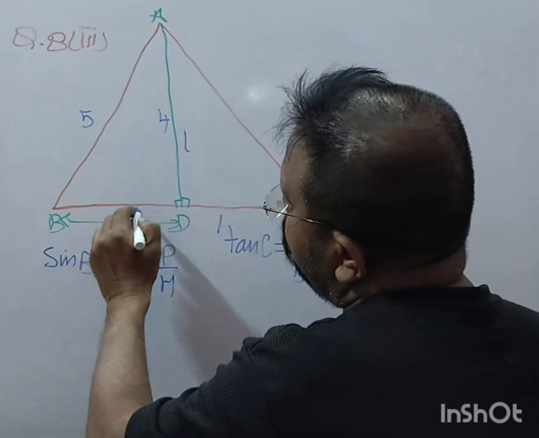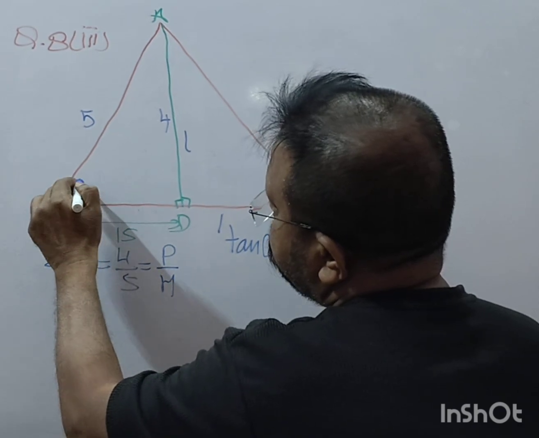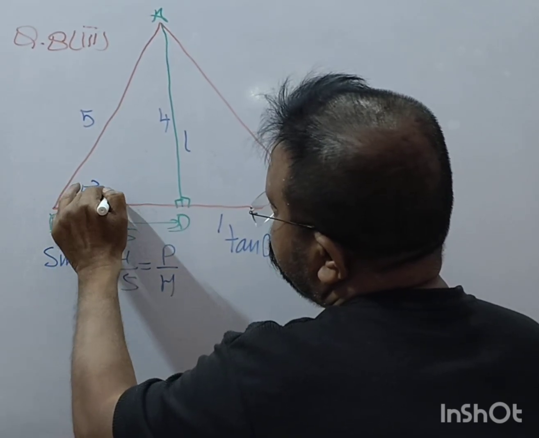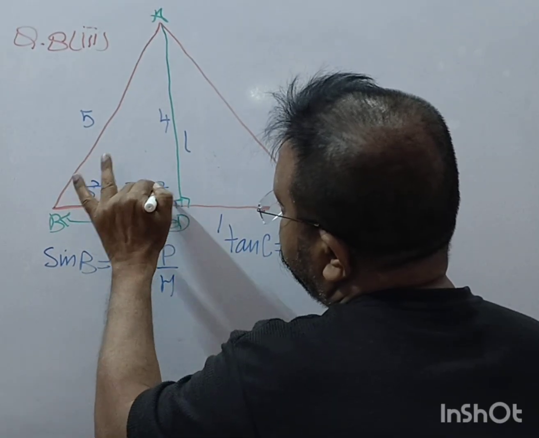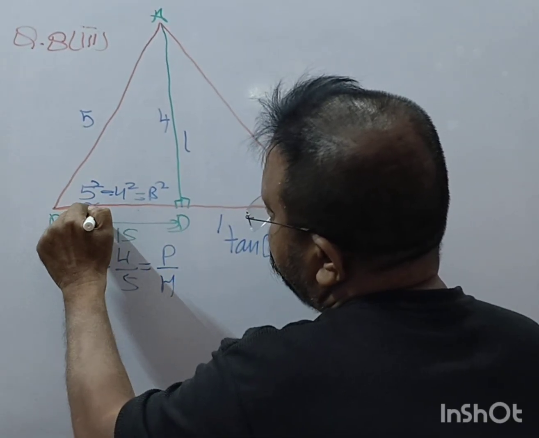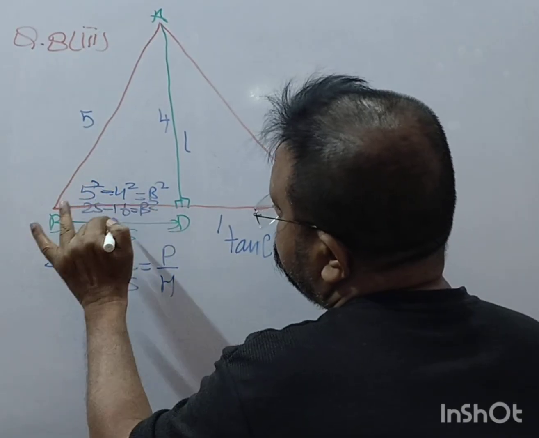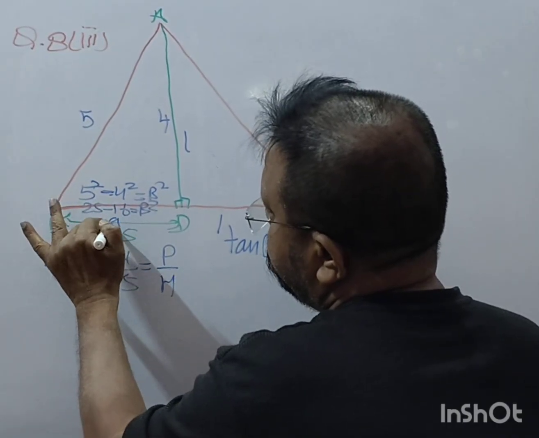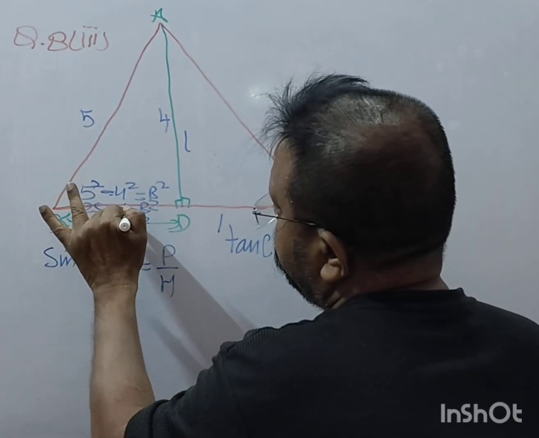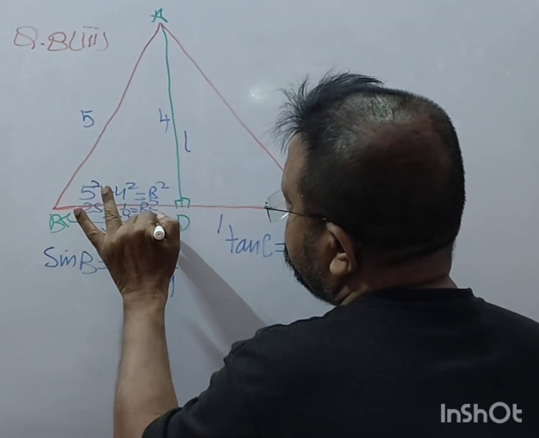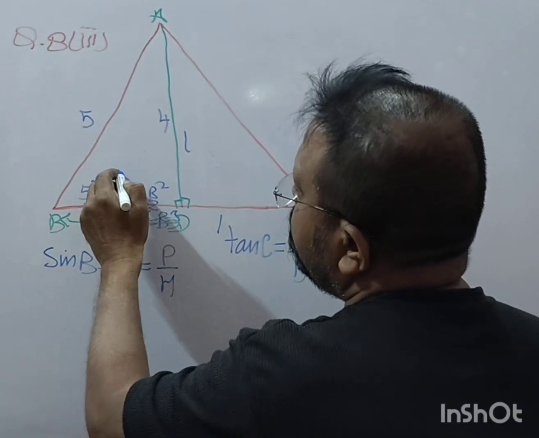So if you go here by Pythagoras theorem, 5 square minus 4 square is equal to b square. So it becomes 25 minus 16 is equal to b square. So 9 is equal to b square. So root over it becomes b is equal to 3. So the ratio is 3.